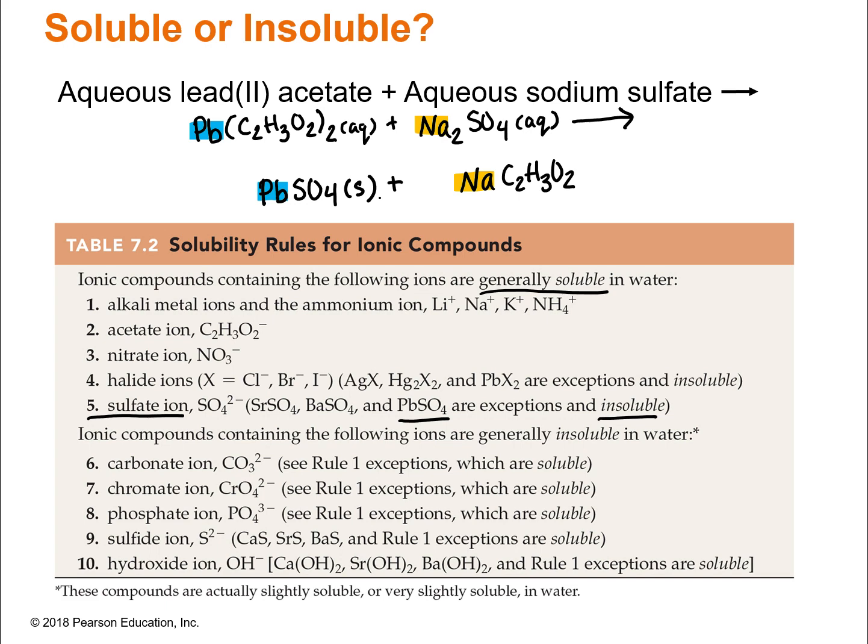Then we have sodium acetate. Acetates are generally soluble, and things with sodium, generally soluble. So this thing is super soluble. This is going to be our precipitate.